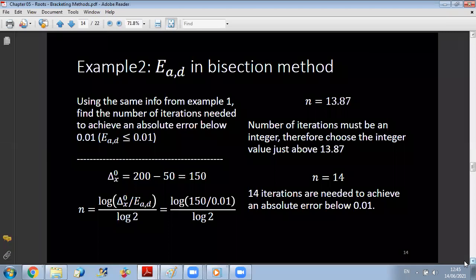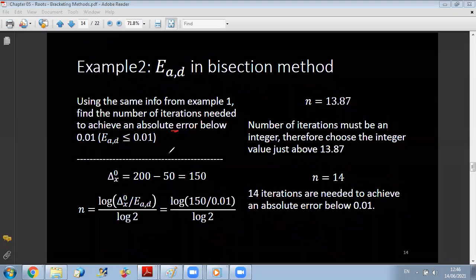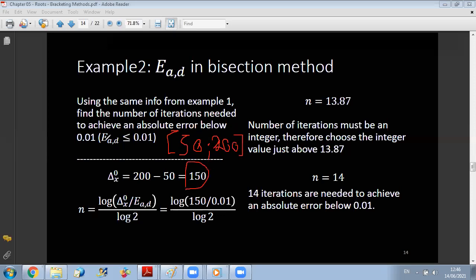If I go back to the same example we have done together, we started from an interval where the mass should be between 50 and 200. So what is delta x0? Delta x0 is the length of this interval. So all I have to do is 200 minus 50. It's 150. And the desired absolute error to reach is 0.01. So I should be lower or equal to 0.01. So all I have to do is to replace in this formula. So n is log delta x over E over log 2.